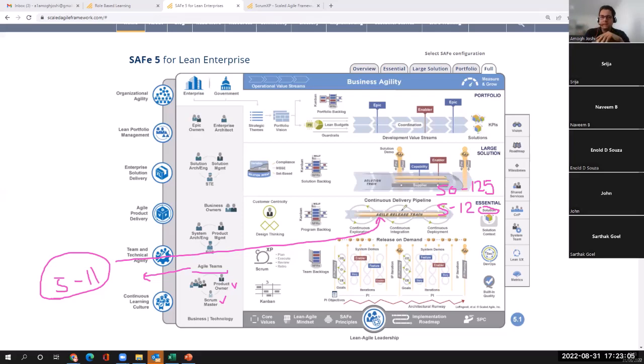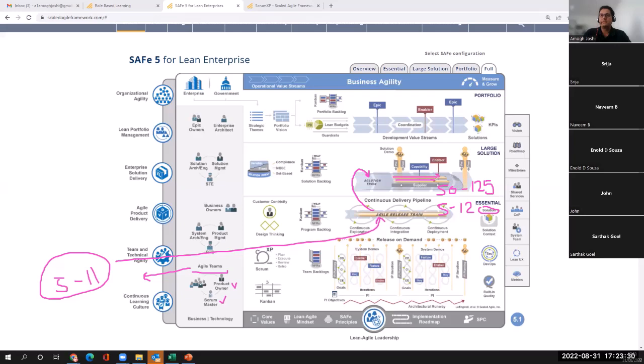In that case, multiple trains are required, and when multiple trains are required to deliver a single solution, we call that a solution train.